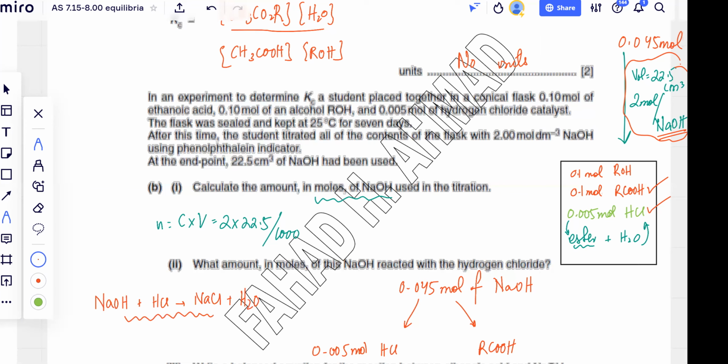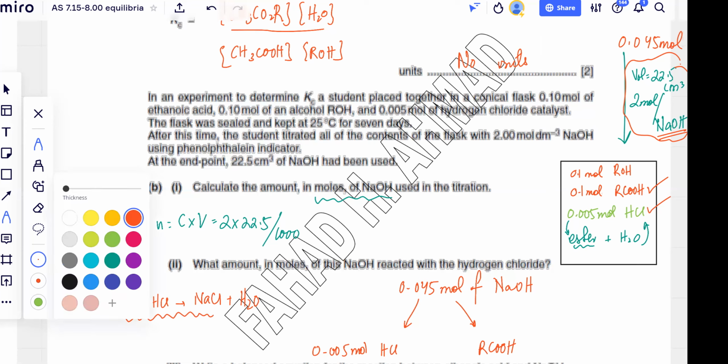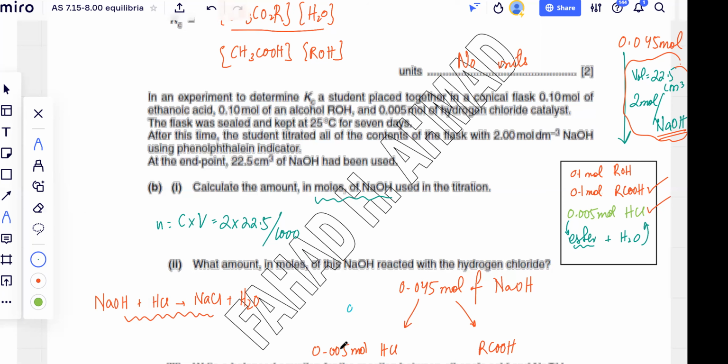Ahmed, is this clear? Mahad? Yes. So the point is that you're adding 0.045 moles of NaOH into this entire flask that has an alcohol, a carboxylic acid, an ester, and water. HCl and NaOH react in 1:1. So if 0.005 moles of HCl are present, the amount of NaOH that reacts with it is 0.005 moles.